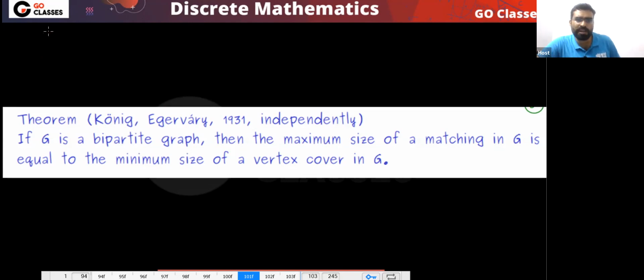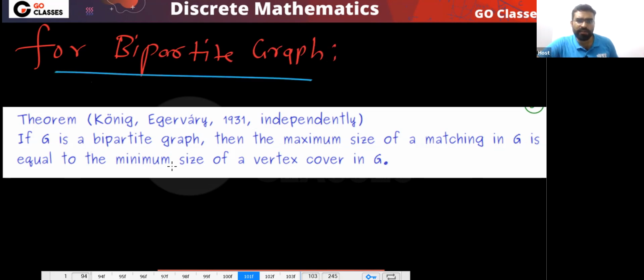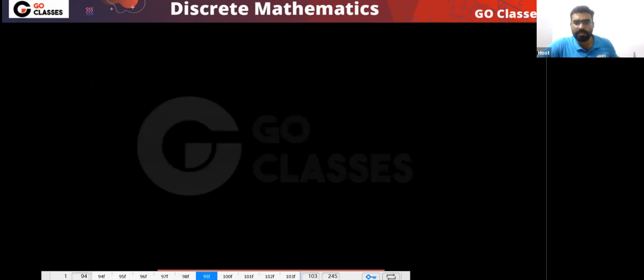This theorem is only for bipartite graphs. What is this theorem saying? It says that if you have a bipartite graph, then the maximum size of matching is equal to the minimum size of vertex cover.